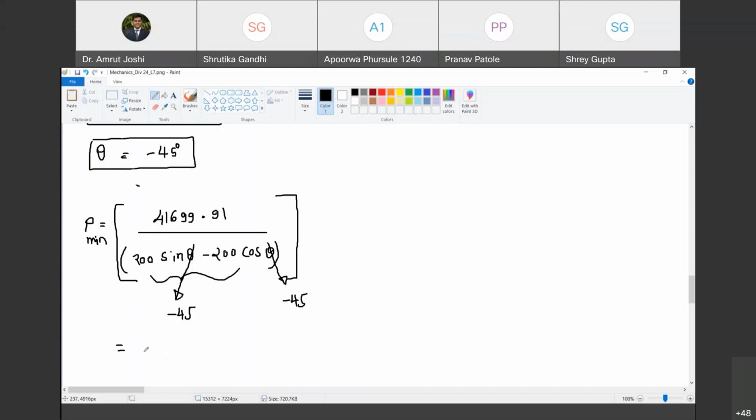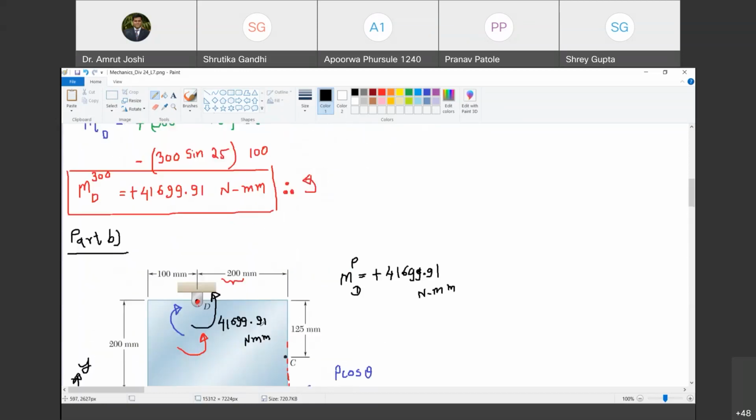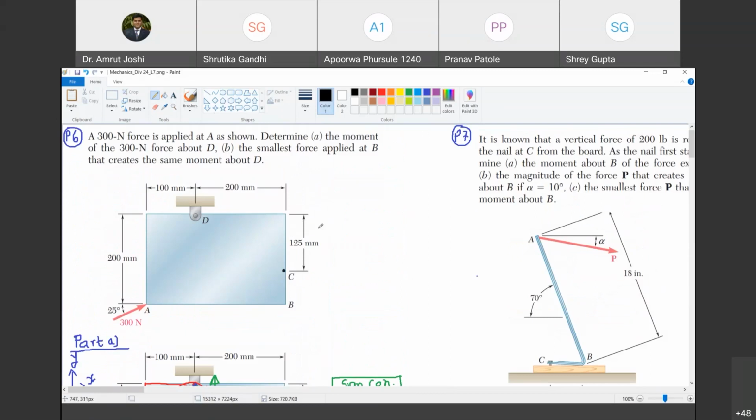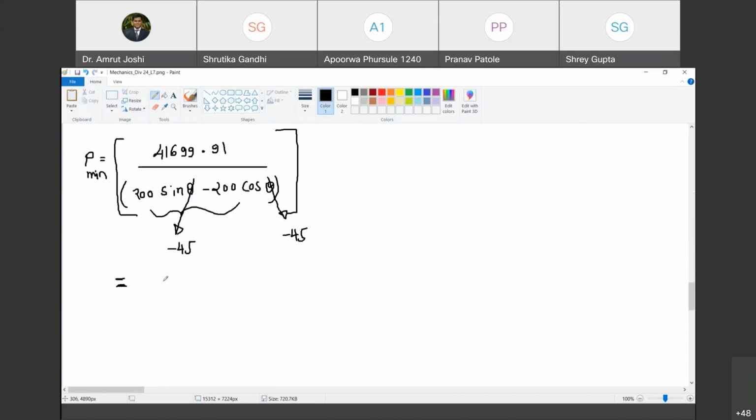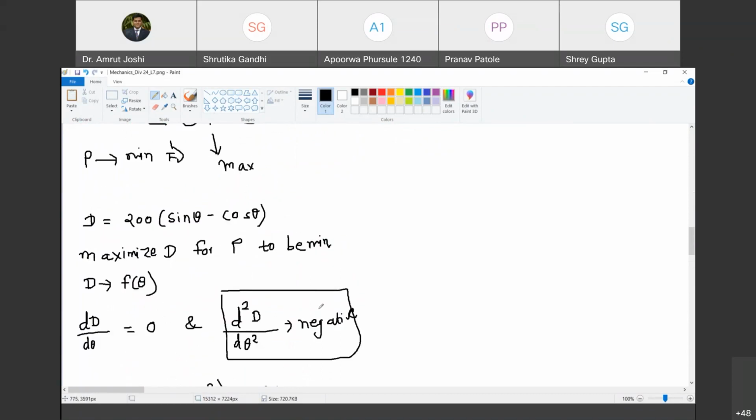So what is the value that you have got? Is it minus 147.431 Newton?